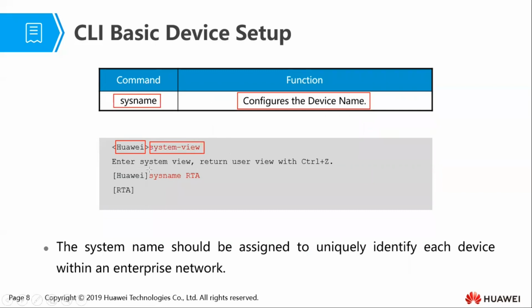Then the keyword for configuring the name is sysname. Then you do a space, then you enter the name of that particular router. So when you press enter, that name will take effect immediately. So you can see that the prompt has changed from Huawei to RTA.